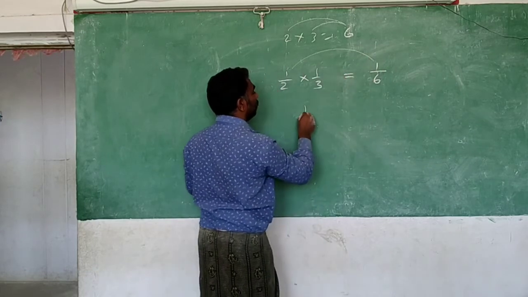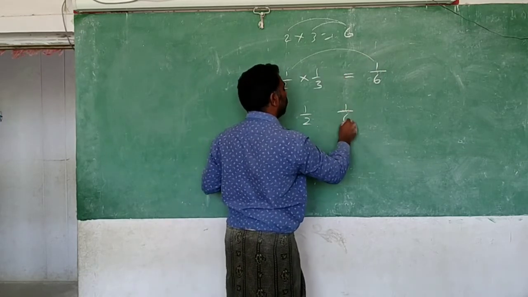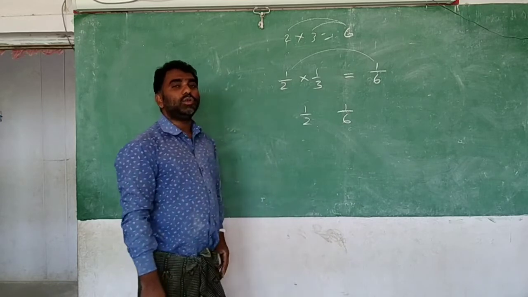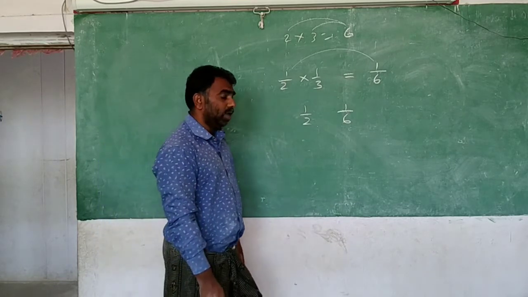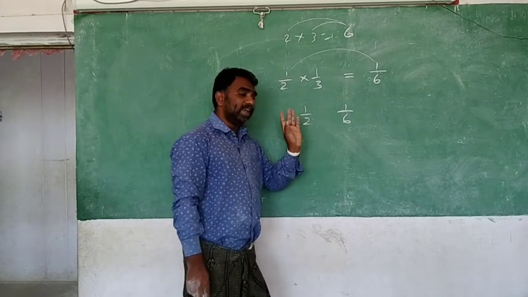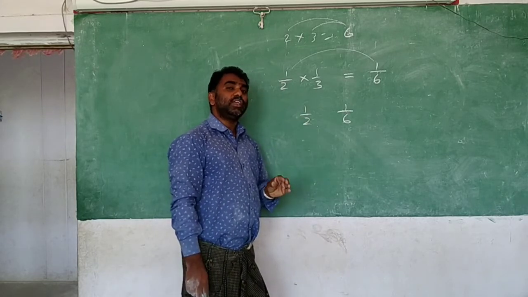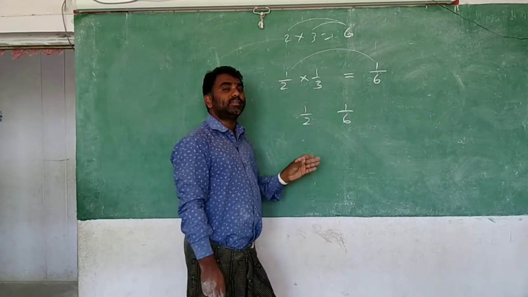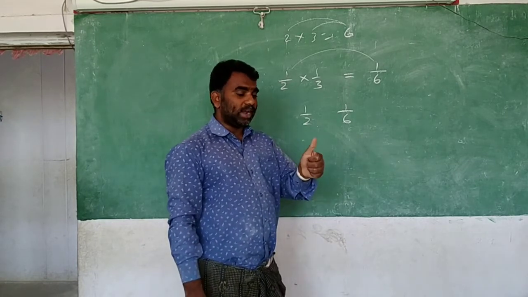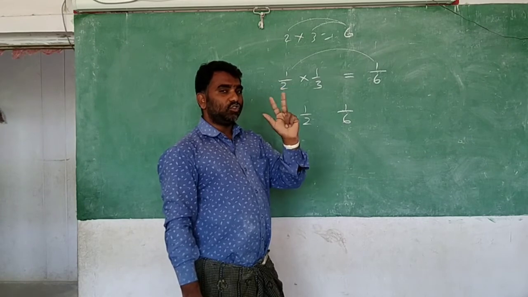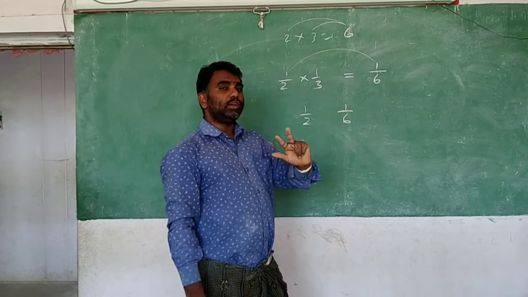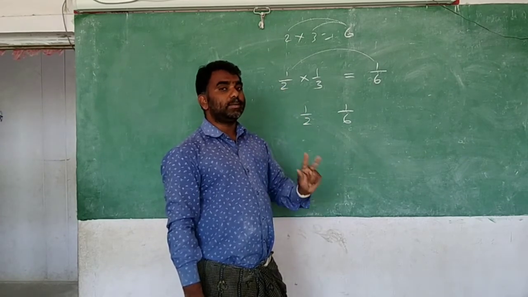How do you check? You compare 1 by 2 and 1 by 6. I said to you, comparison is to say which is big and which is small. You can't say directly like this. Compulsorily, you need to make the denominators the same. I said for addition, subtraction and comparison, if you want to check whether it is small or big, you need to equalize the denominators.